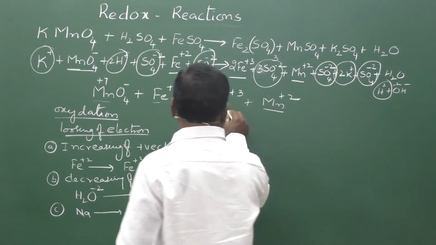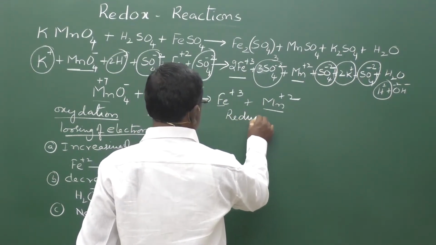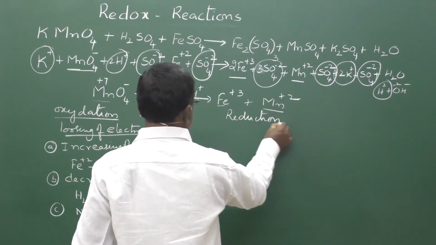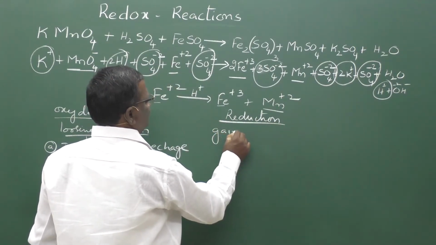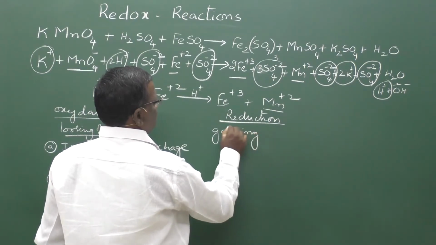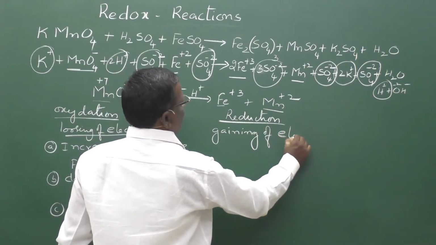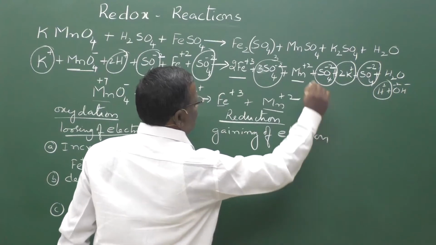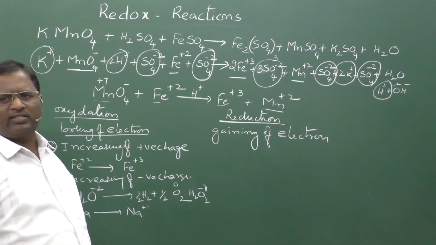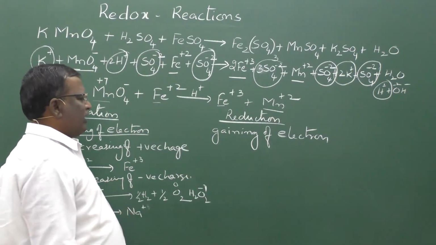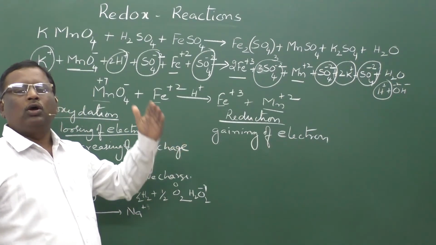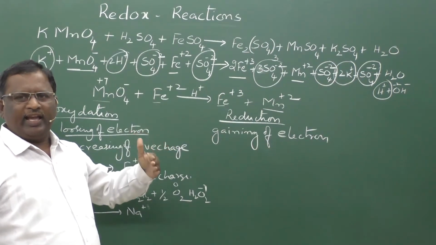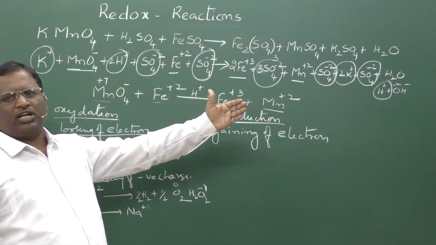Reduction means gaining of electron. Gaining of electron is observed when any species has more positive charge on the reactant side and less positive charge on the product side.